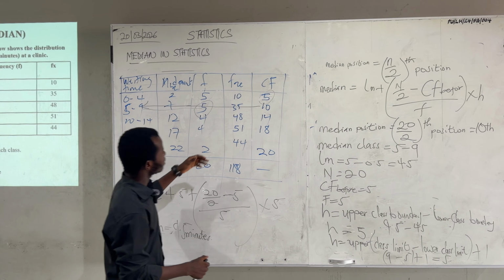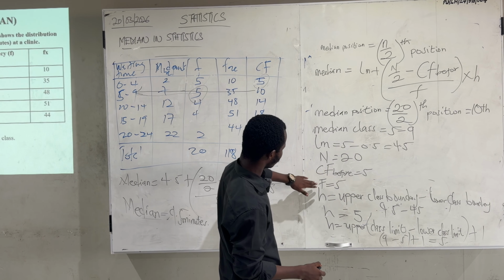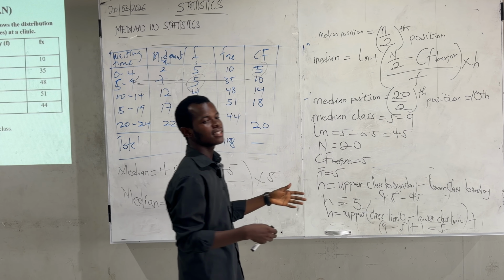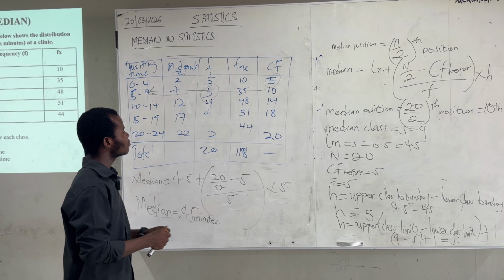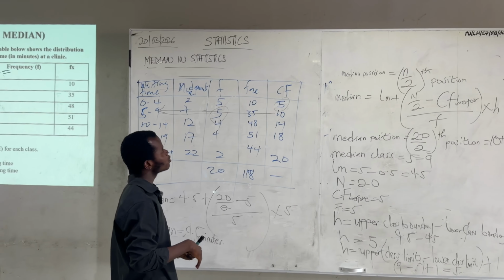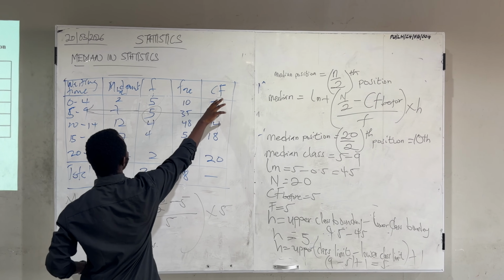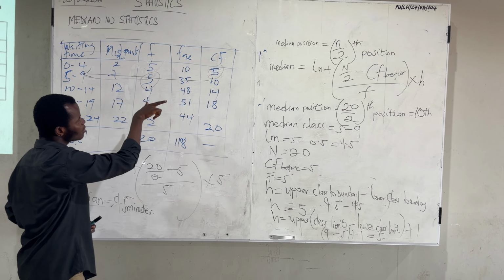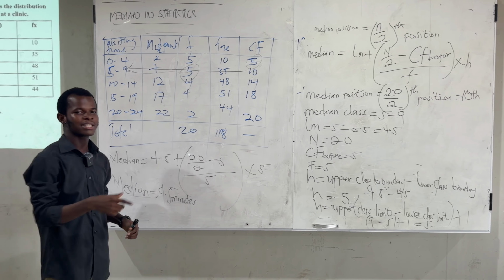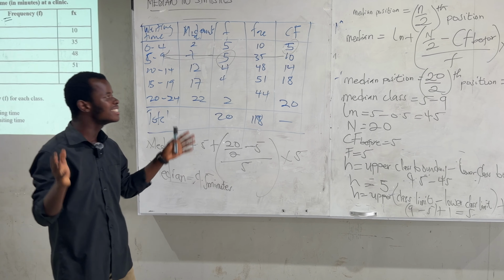And then you come to the CF before. In some of the examples, you see that the CF before and the frequency mostly have the same number, but it's not so at any time.